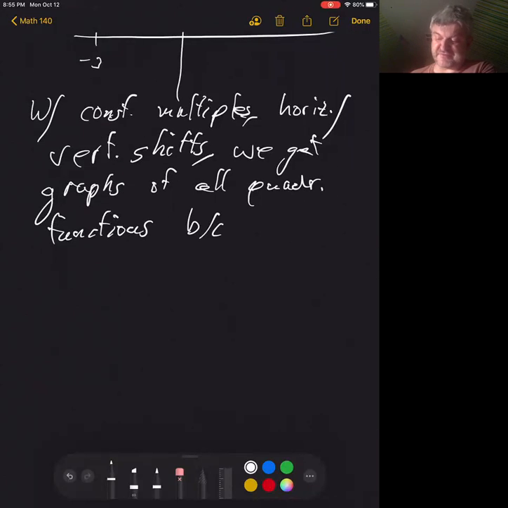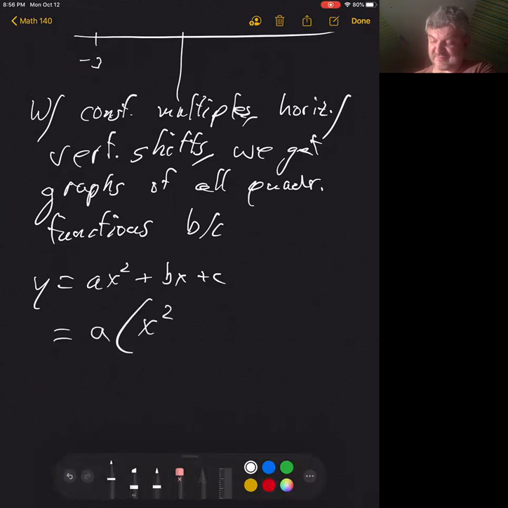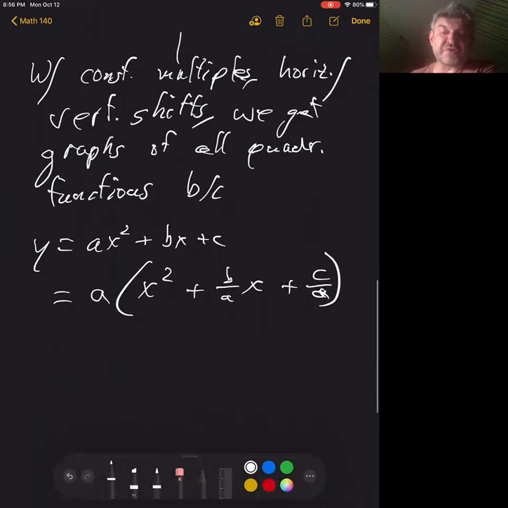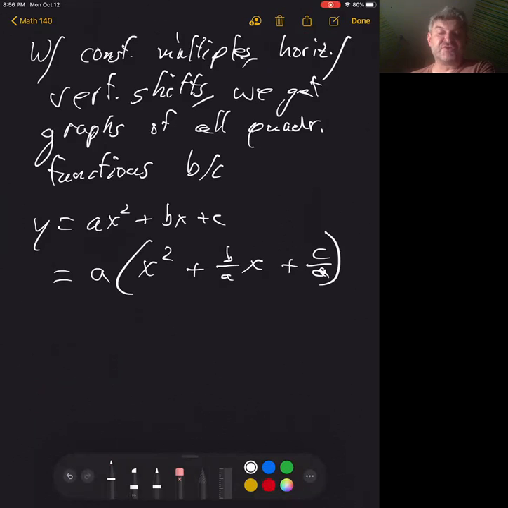if you have a quadratic function, y is a x squared plus bx plus c. That's a quadratic function, by definition. With a non-zero, you can factor out the a, brute force, x squared plus b over a times x plus c over a. And then you can work on the parentheses and do completing the square.